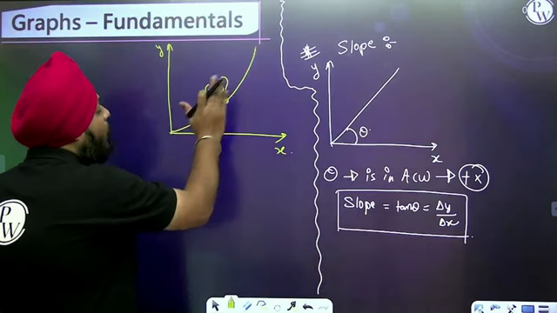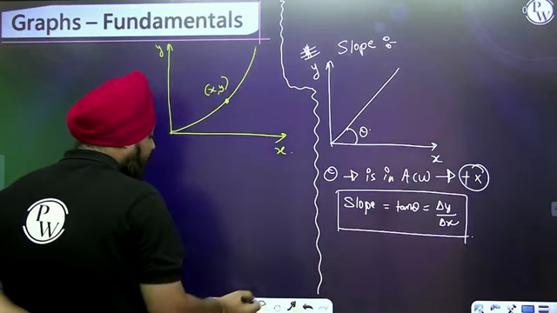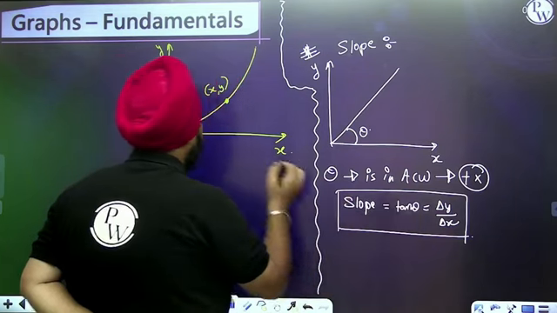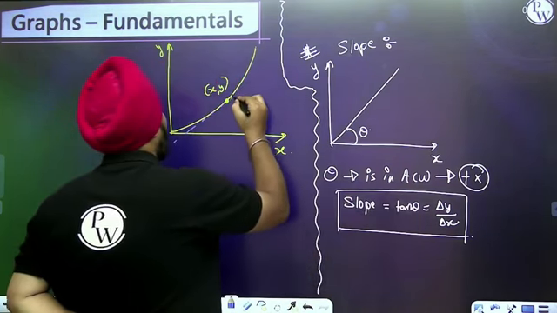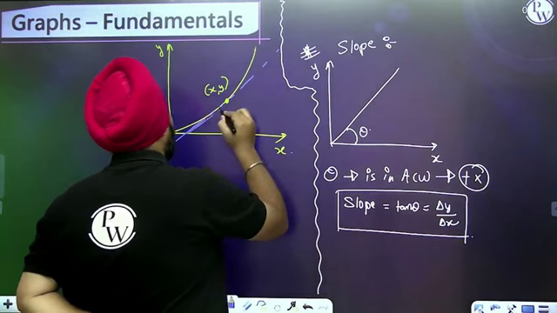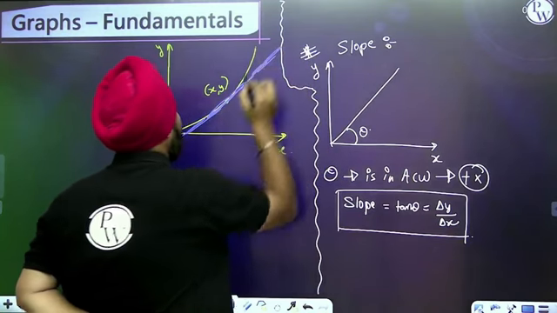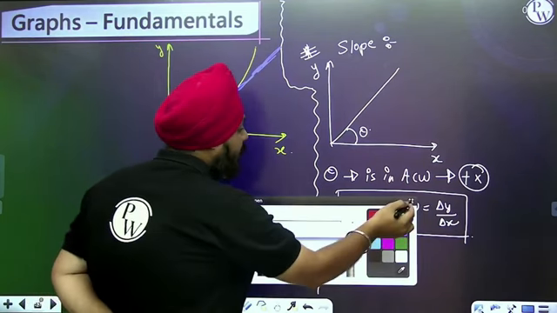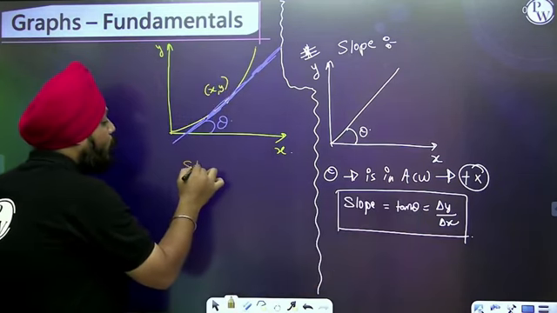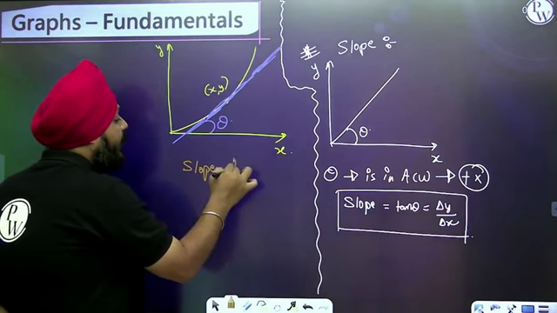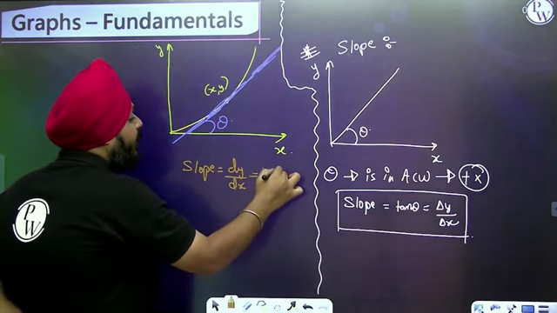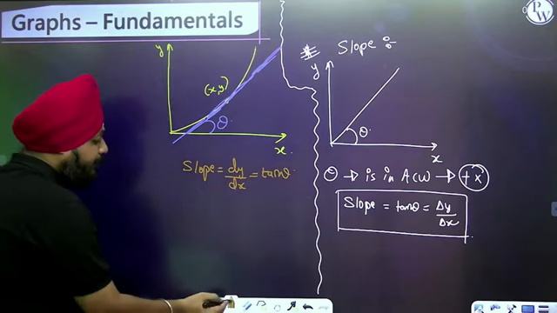If the curve is crossing through a single point, then draw the tangent. This tangent will give you the idea of the slope. So the slope here is going to be dy by dx, and that is equivalent to tan theta.